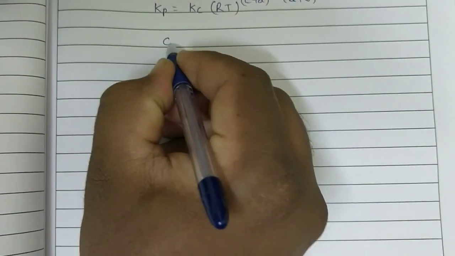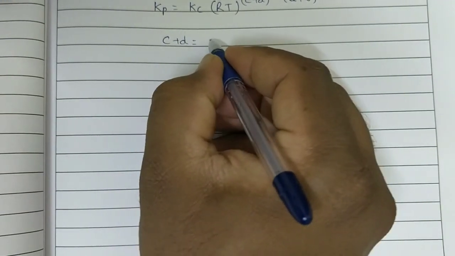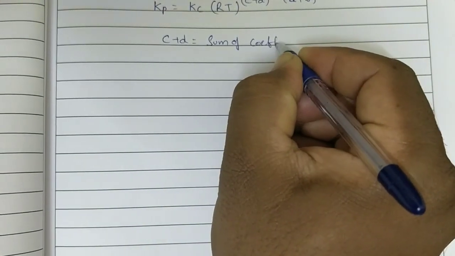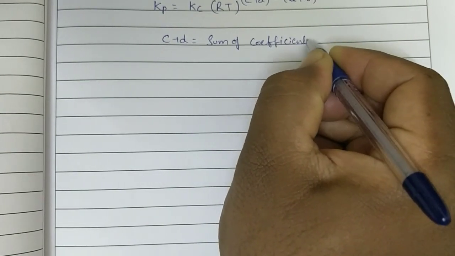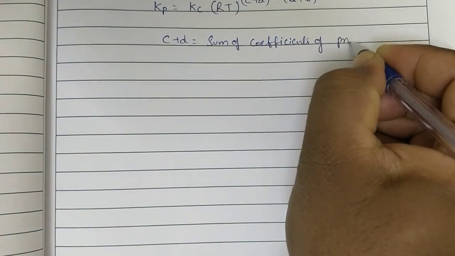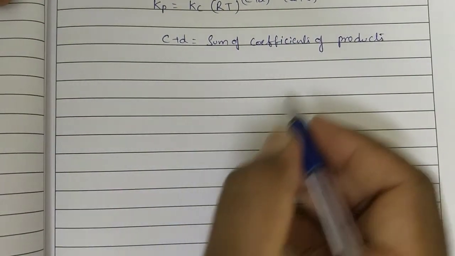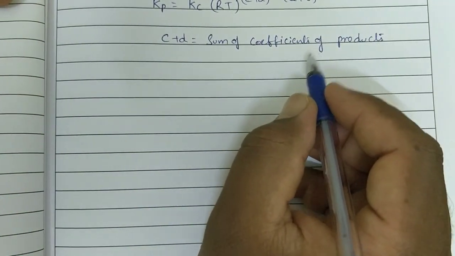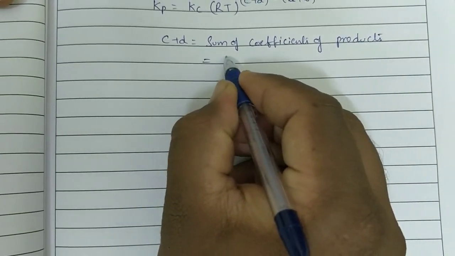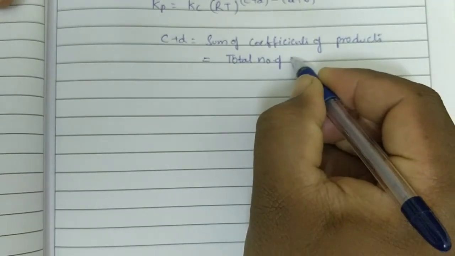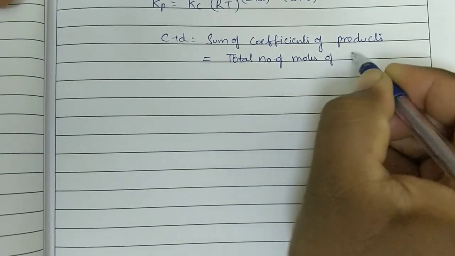If you observe, c plus d is equal to the sum of coefficients of products. Sum of coefficients of products is nothing but the total number of moles of products.